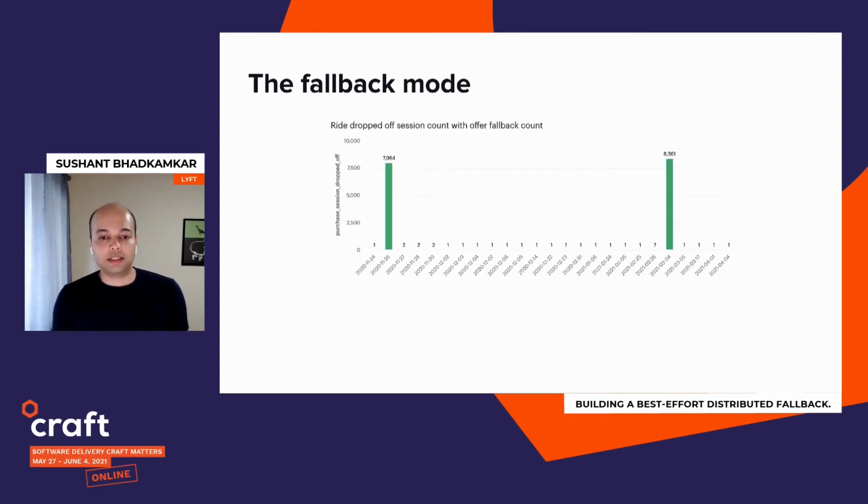And this is an actual chart for when we did see issues and when the fallback was triggered. And so this is the number of rides that were requested using those fallback offers. So again, it goes to show that it is working as expected, and it continues to work as expected if there's an outage in our system or even an outage in our infrastructure.